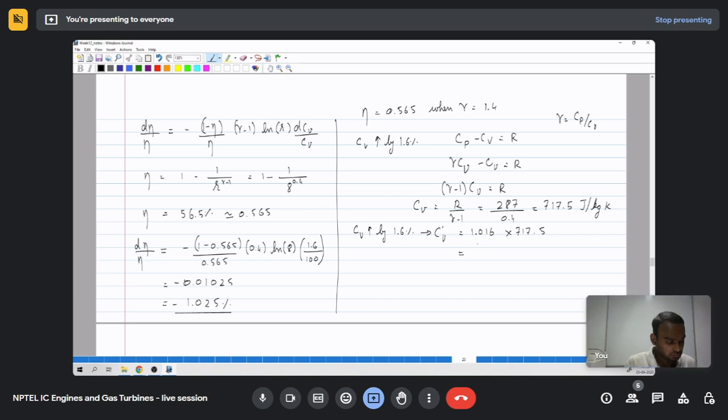Sir, why do you multiply it with 1.016? Because it has increased by 1.6%, right? So an increase by 1.6% means CV dash is equal to CV into 1 plus 1.6 by 100, and 1.6 by 100 is 0.016, so it is 1.016.